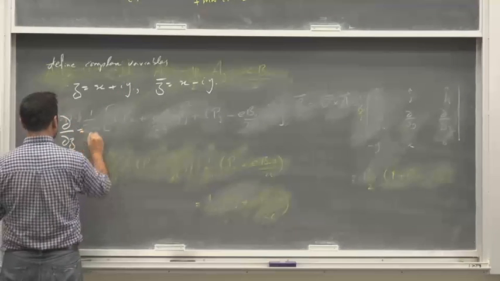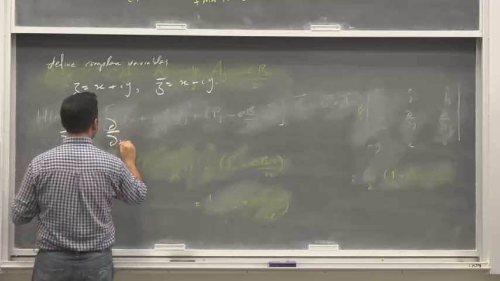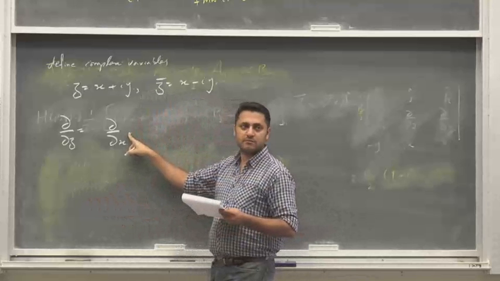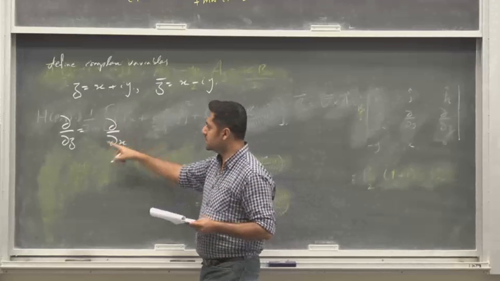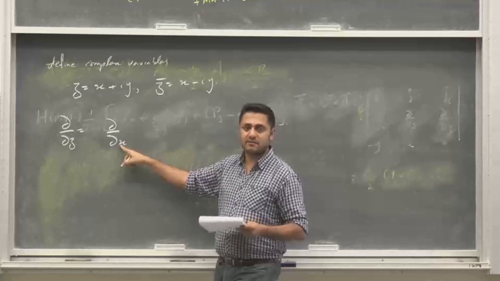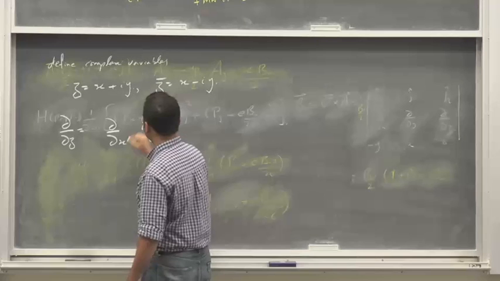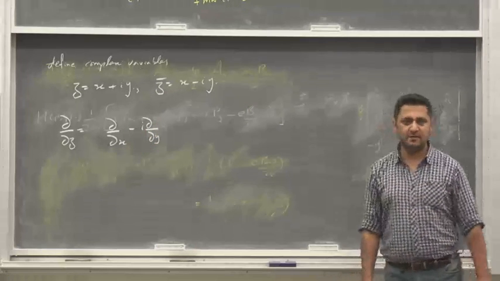This guy, ये क्या होगा? d by dx, क्या आगे डालूं? Partial x by partial z. हाँ, नहीं d by dz है तो d by dx आगे dx by dz. You put a minus in here.